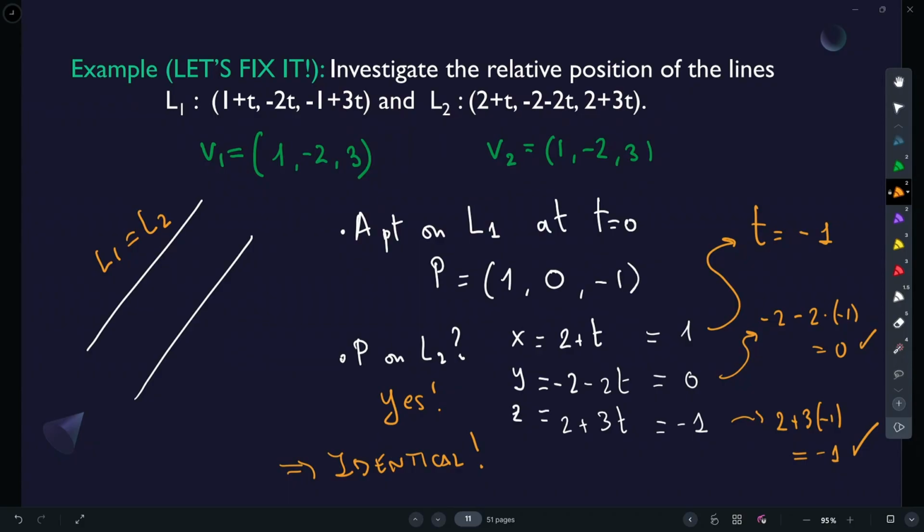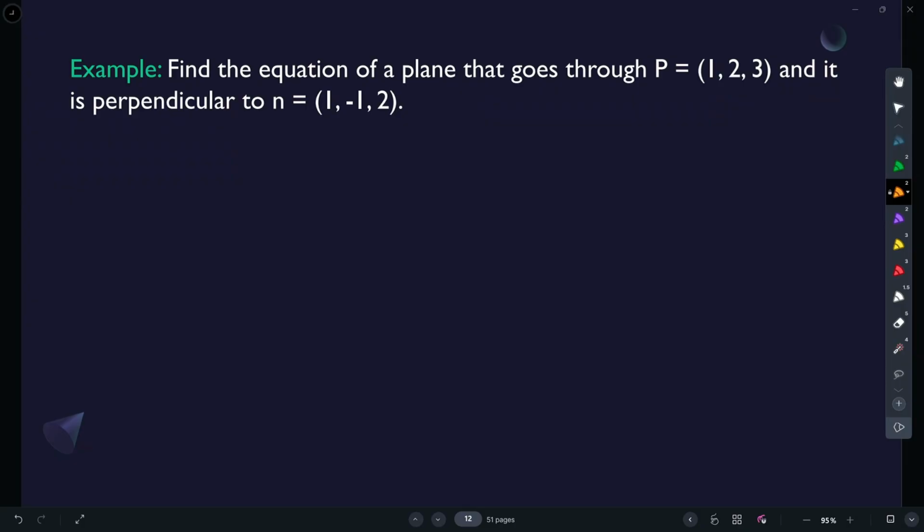You can see that you can investigate the positions just by knowing some points on the line and the direction vector for the line. You can figure all that out like that. Now onto planes. Remember that a plane, we describe planes by, you can give me 3 points on the plane, but eventually what I want to describe them by is 1 point on the plane, let's say P0, and one normal vector, one vector that is perpendicular to the plane.